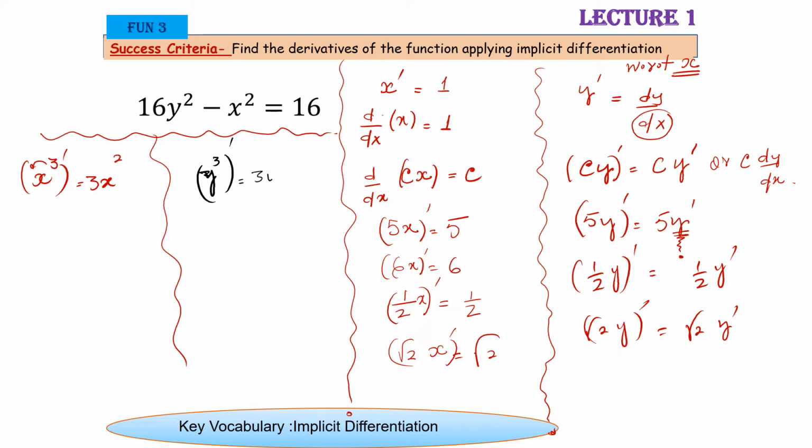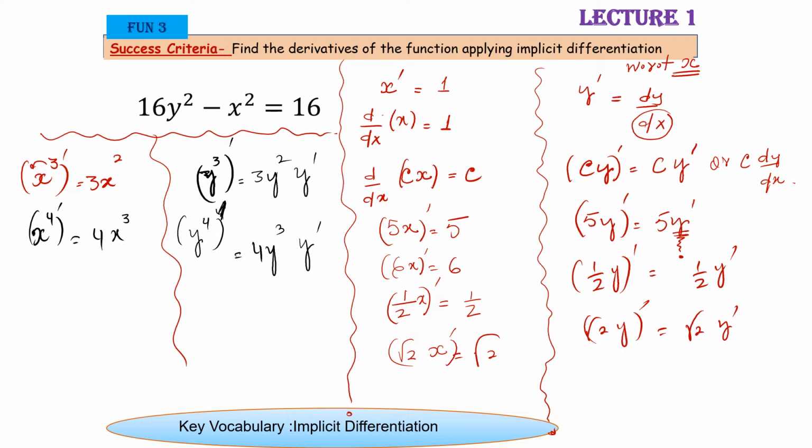First of all, take 3y squared and then again take the derivative of y. If I ask you to take the derivative of y to the power 4, you will say it is 4y cubed and then write y prime. Similarly, the derivative of x to the power 4, you are all familiar with this rule, is 4x cubed.